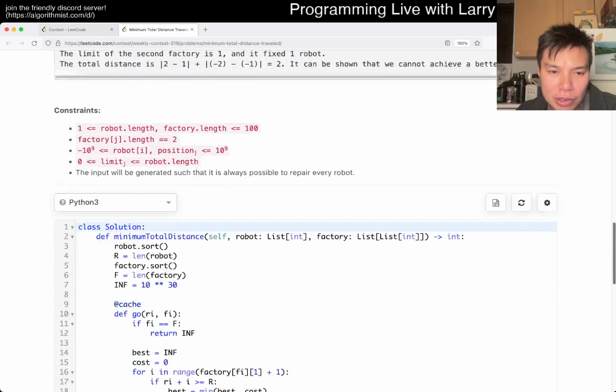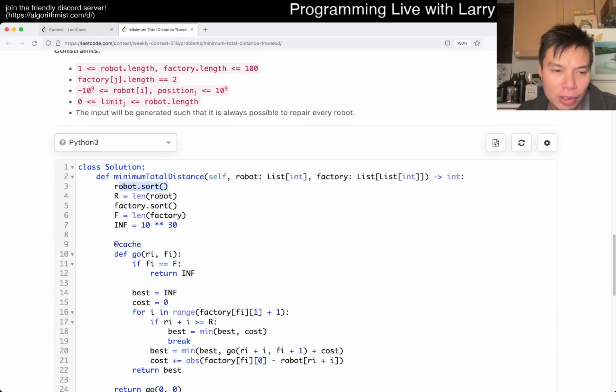The first thing to do is to sort the robots and the factories. This kind of gives it a structure. It also allows you to create this optimal substructure that comes from sorting it on a line, so that now you can look at the robots from left to right and the factories from left to right.